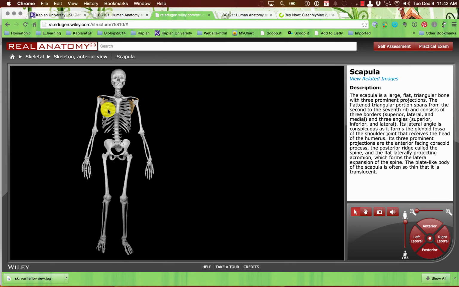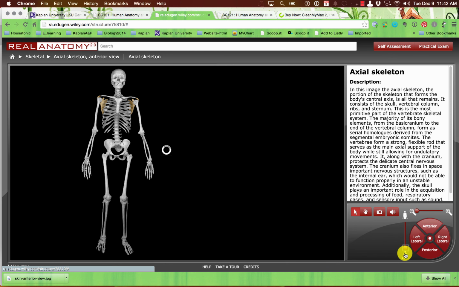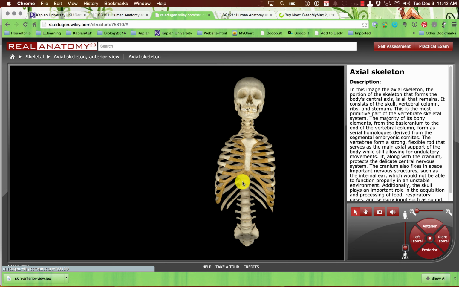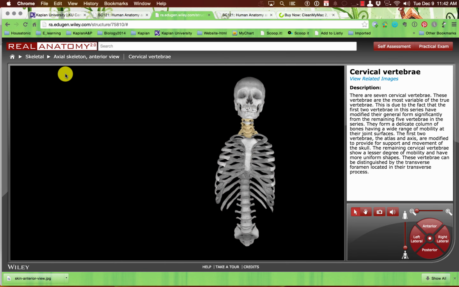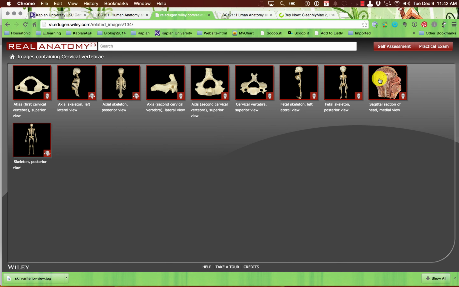Look at where it is. Let's get a closer view. And this changed. And that's the neck. Let's go view related. Where's the scapula? They don't have it here. I guess they're not showing you a little section.